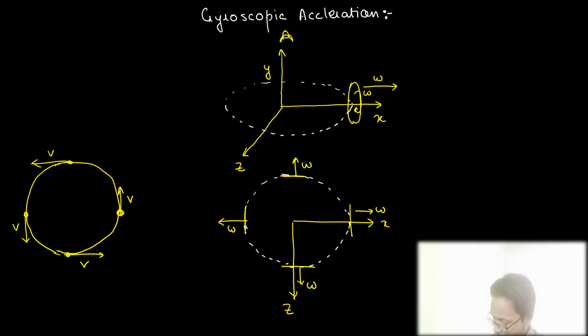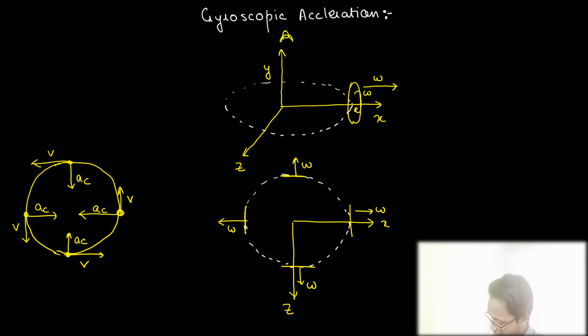The magnitude of velocity remains constant. Only the direction of velocity changes, and that change in direction is caused by the centripetal acceleration. That means centripetal acceleration is causing the velocity vector to change its direction. Similarly, the acceleration that is helping this omega to change its direction is called the gyroscopic acceleration.